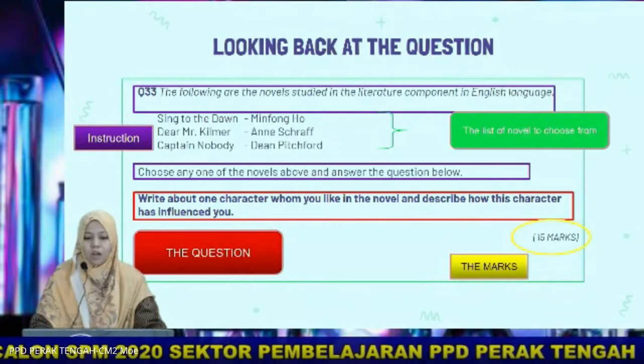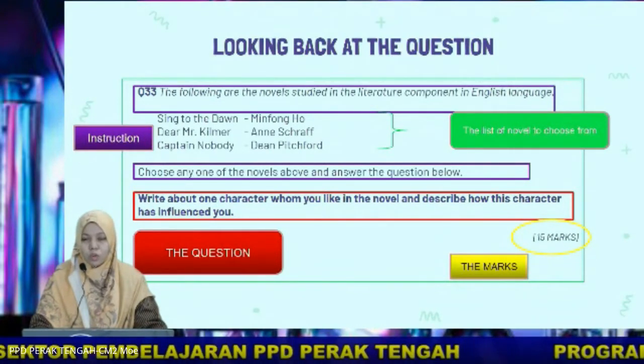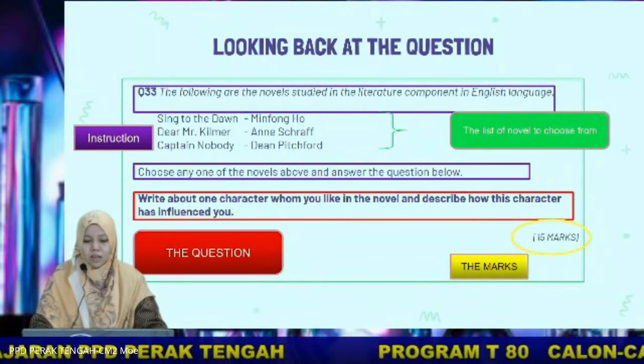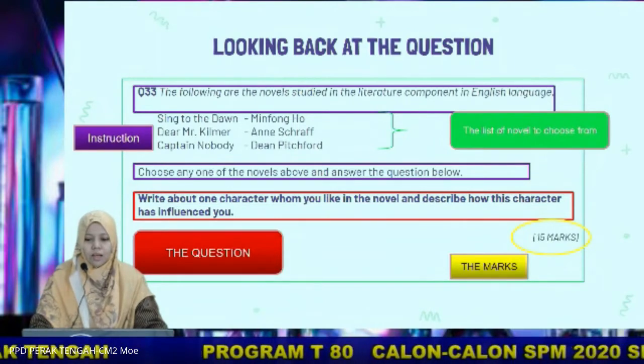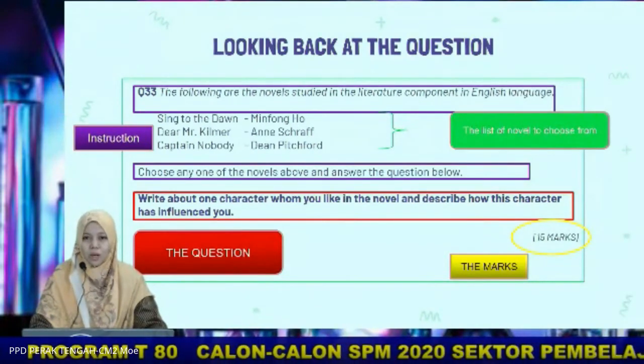Choose any one of the novels above and answer the question below. So make sure you take your time, read the question carefully and understand it. Write about one character whom you like in the novel and describe how this character has influenced you. So that is the question.